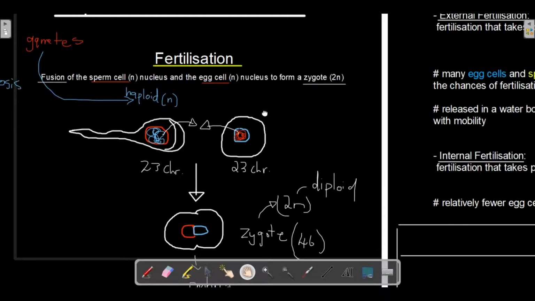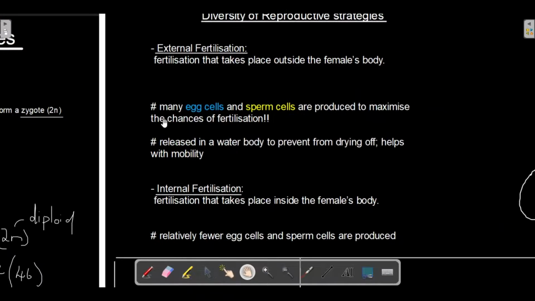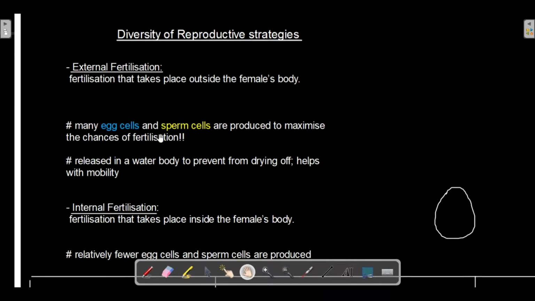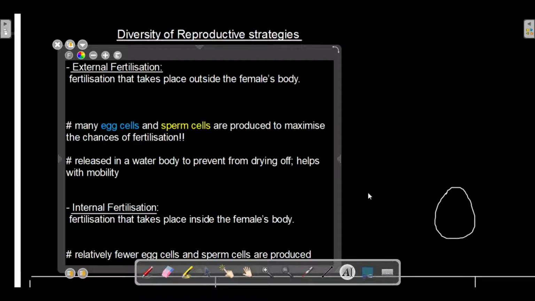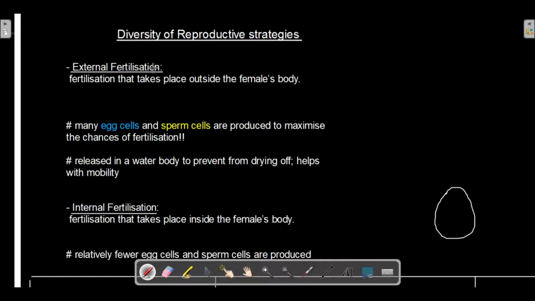So some organisms have fertilization occurring outside of the female body, and some occurring inside of the female body, like us. Okay, so like us, so for an example, some organisms such as your fish, they have a reproductive strategy that we call the external fertilization.